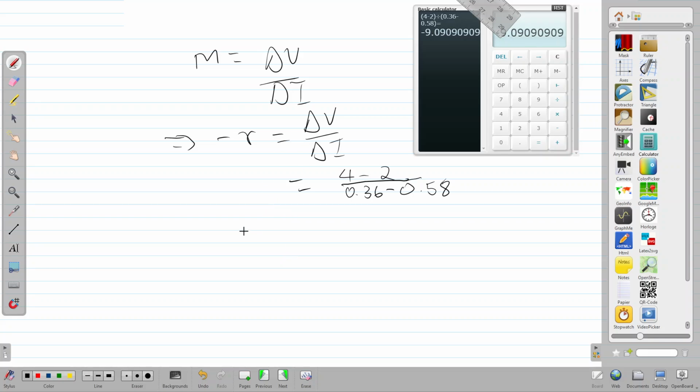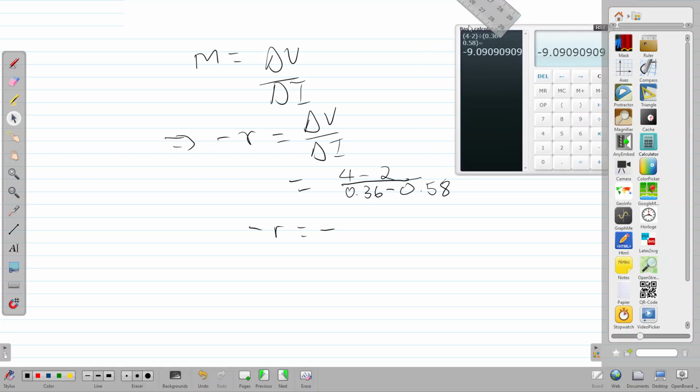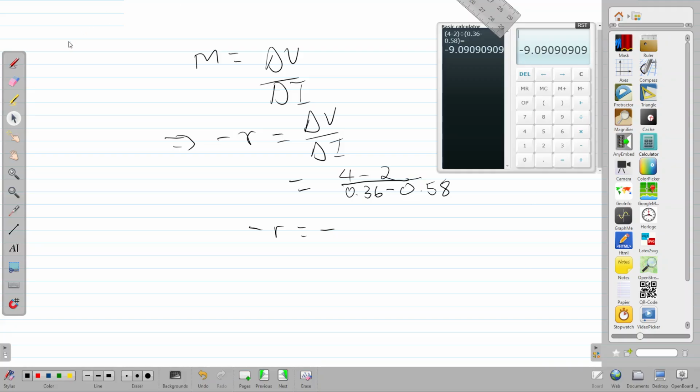Our answer: minus r is equal to minus 9.09, and I'm going to stop there, with ohms, which implies that r is 9.09 ohms. Okay, that's our final answer.